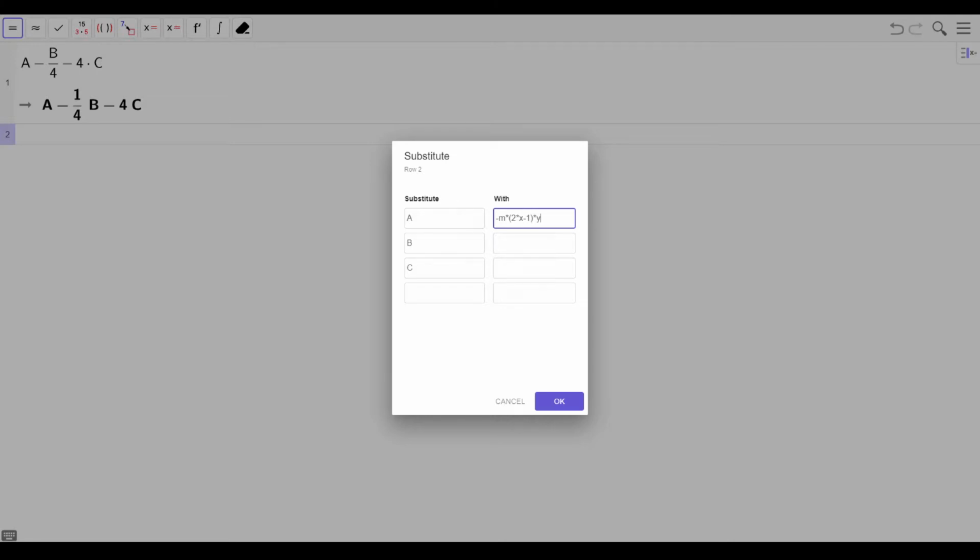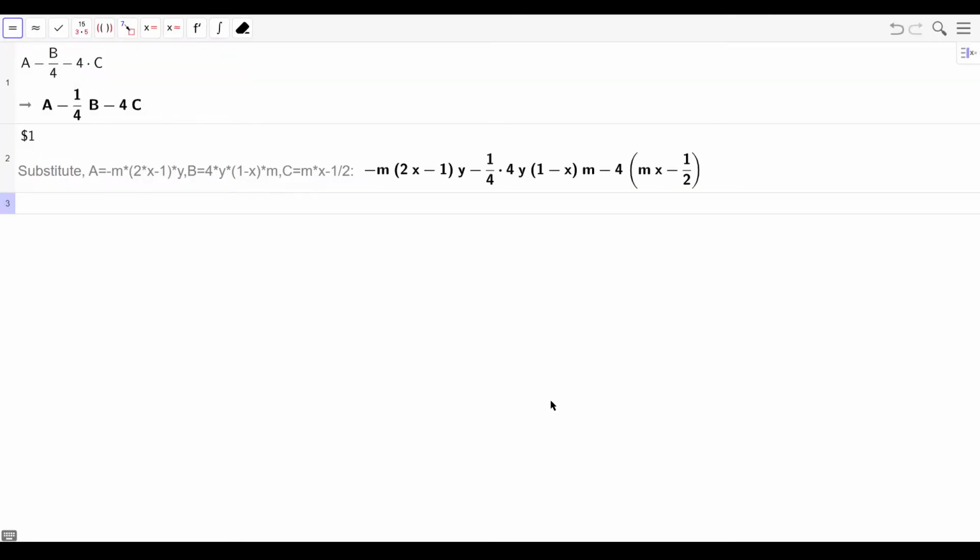So this is y. And then I go to b, which is 4 times y, and then I have 1 star 1 minus x, and then star m, and then finally if I go here it is m times x minus a half, and then I press OK.